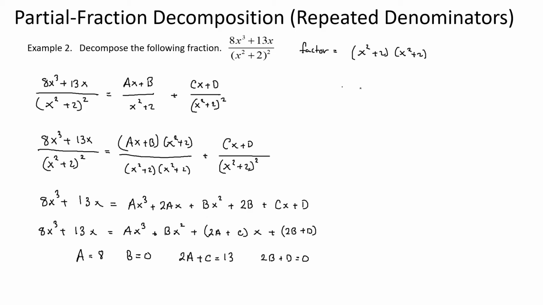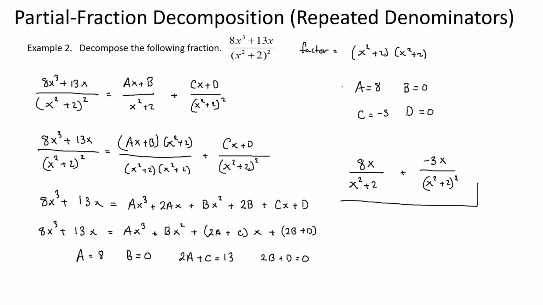So looking at this, we could say that a will equal 8, b will equal 0, c will equal negative 3, and d will equal 0. So if you put them together, you should have 8x over (x^2 + 2) plus negative 3x over (x^2 + 2)^2 as your answer.